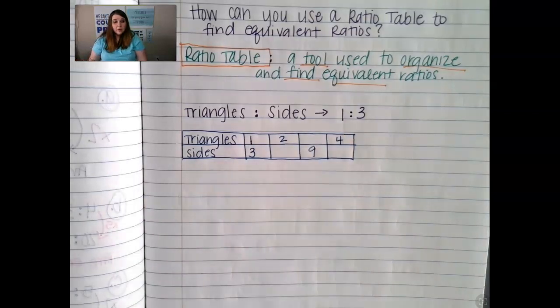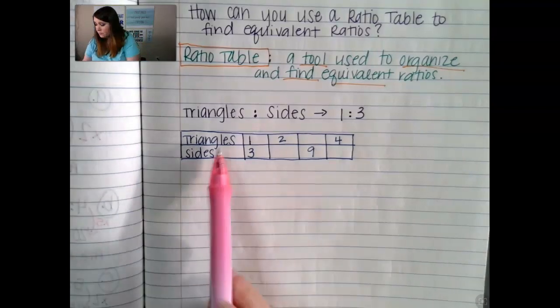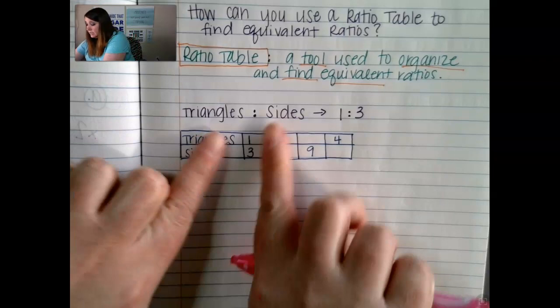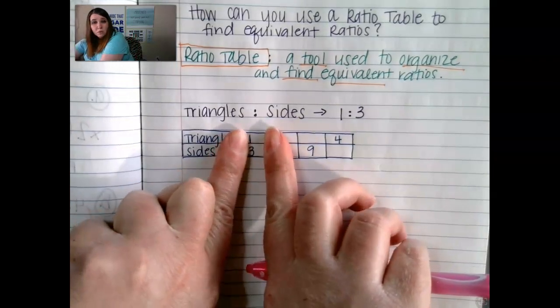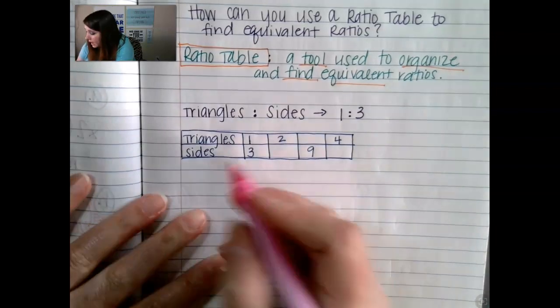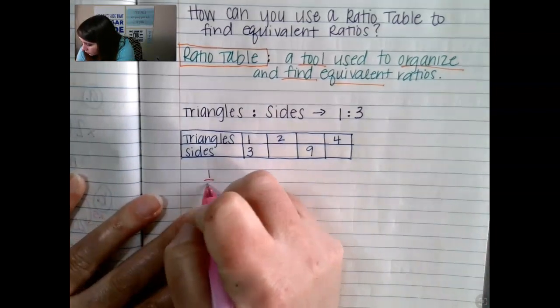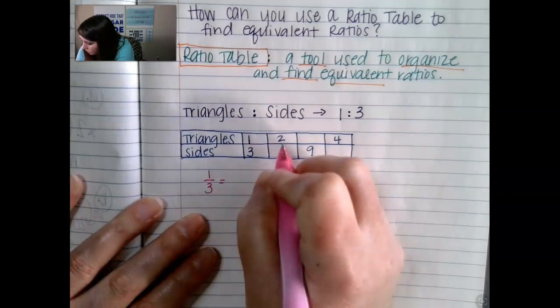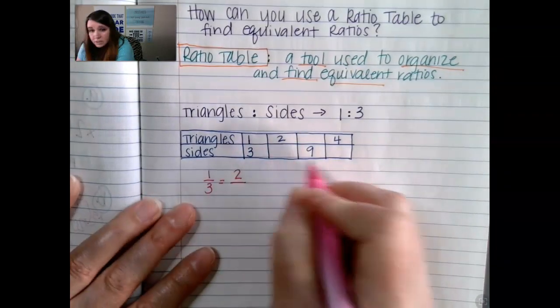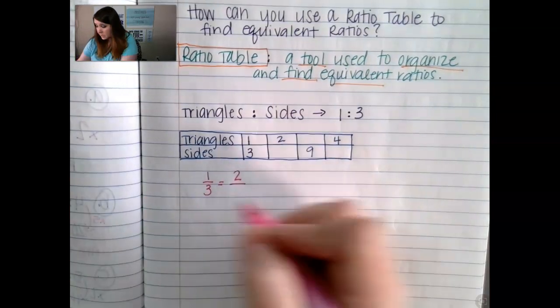Well, I can figure out equivalent ratios by finding the change. So starting with my very first ratio of 1 to 3, if I take away the sides, it looks like a fraction. So I could make a fraction of 1 over 3, and I want it to equal 2 over what? What goes in the box there?